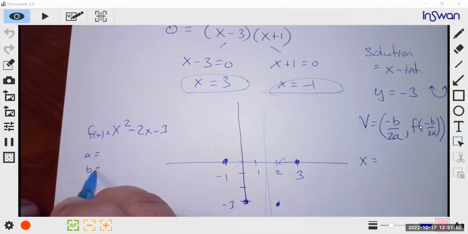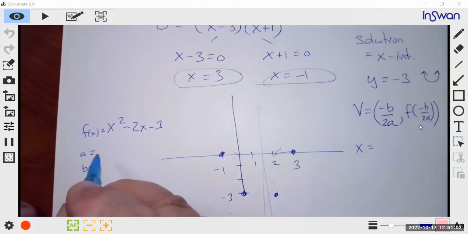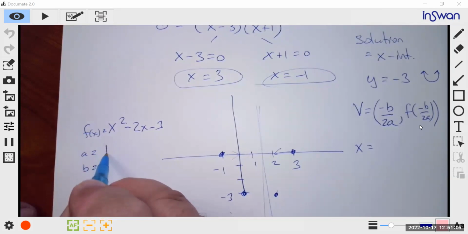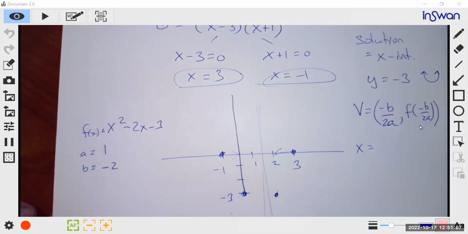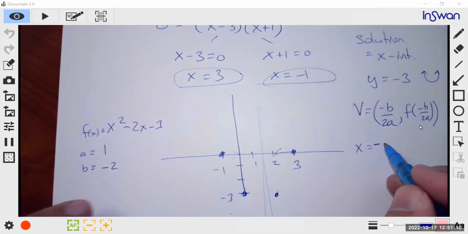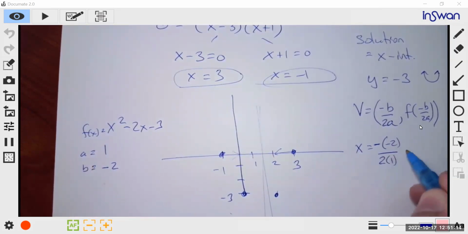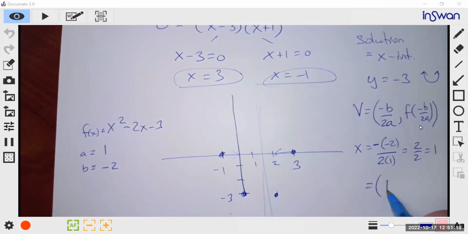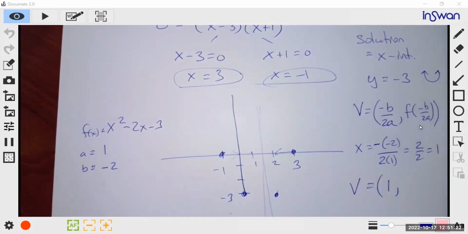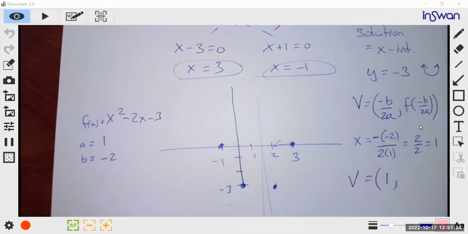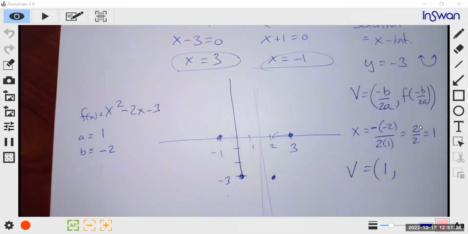What are a and b? a is 1, b is -2, so negative of -2 over 2 times 1. 2 over 2 is 1. What's the y value?